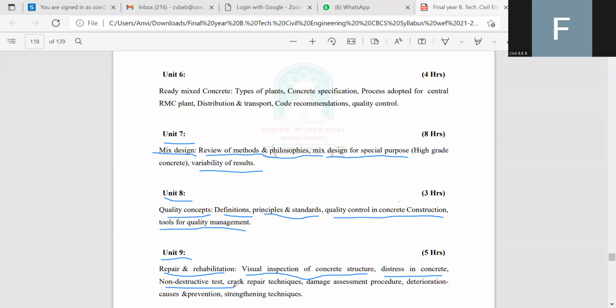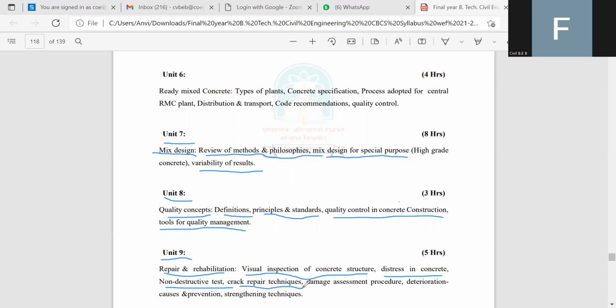If we have to test the compressive strength of the concrete, then we have to take a core of the column or beam, and test that core in the compression testing machine. So such destructive and non-destructive tests we have to perform on the concrete for the repair and rehabilitation of the concrete.